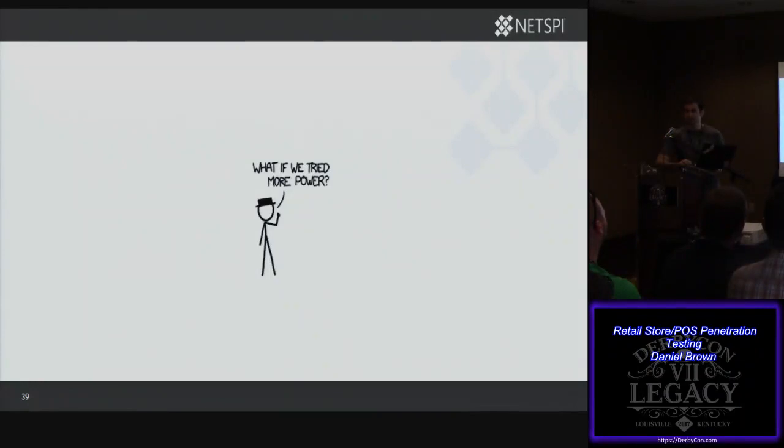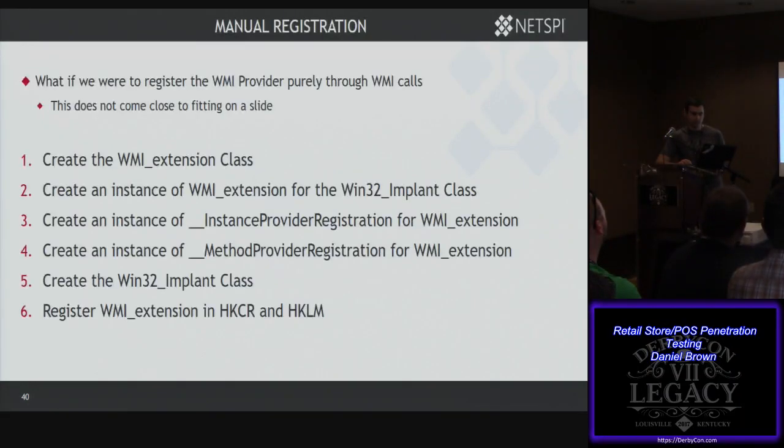That's cool, but we can do better. There's no reason we can't do a manual registration of our WMI provider through WMI calls. At a high level, what we need to do is create a __Win32Provider class on our system, then create an instance of __Win32Provider for the Win32_Implant class. And the Win32_Implant class is what we're just naming arbitrarily this time.